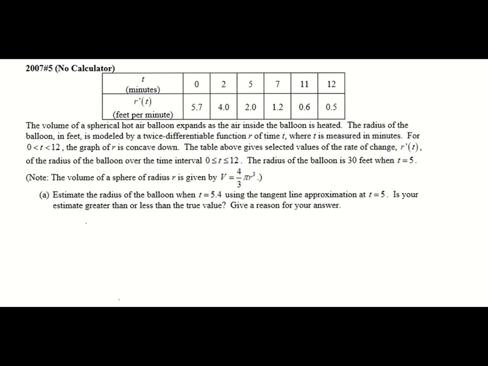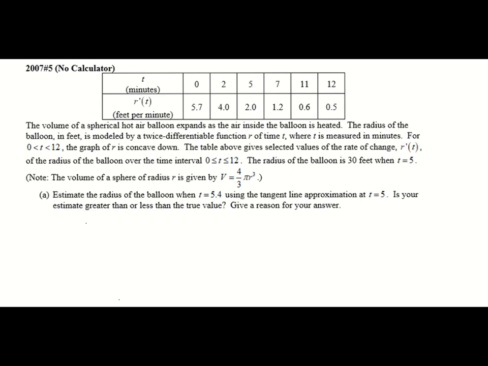And then the dependent variable in the table is r prime of t, feet per minute. So that's a rate of change of feet over time. And that starts at 5.7, and then the numbers decrease from there. The prompt says the volume of a spherical hot air balloon expands as the air inside the balloon is heated.